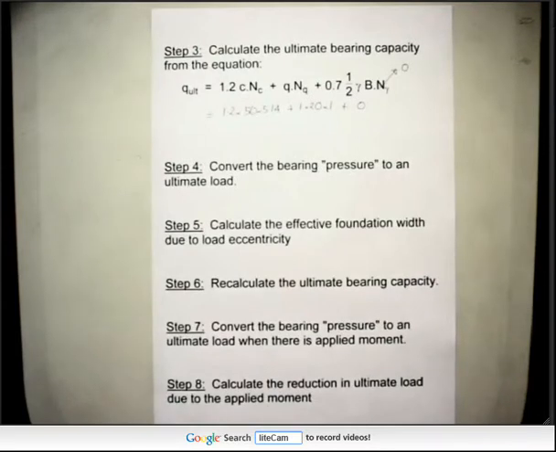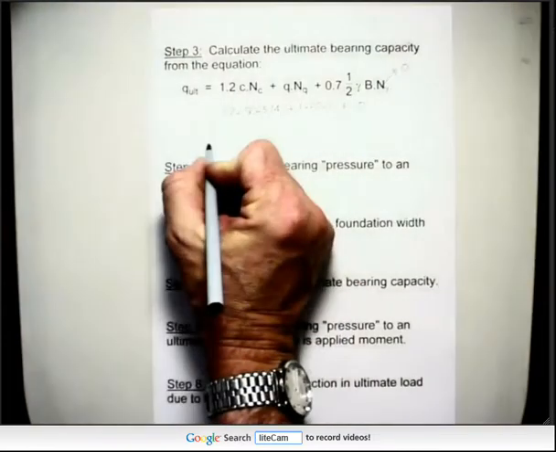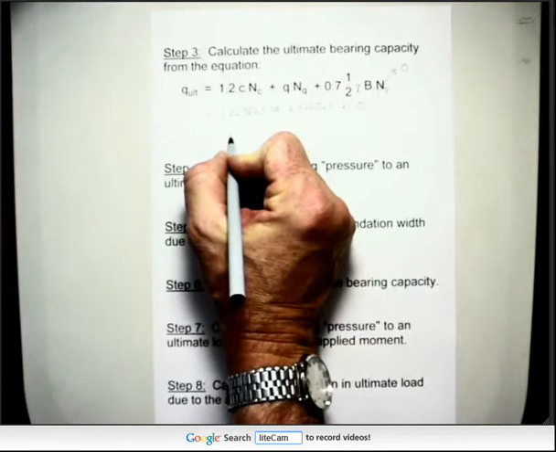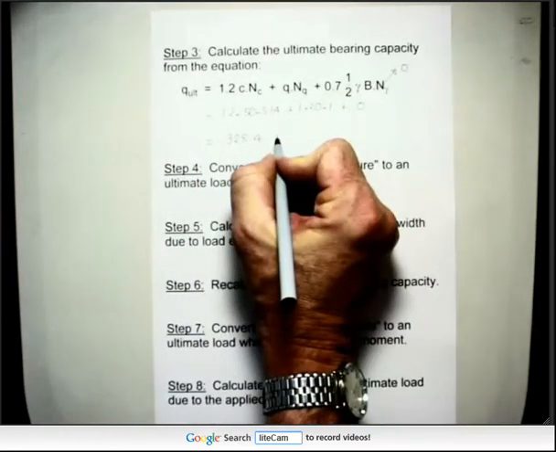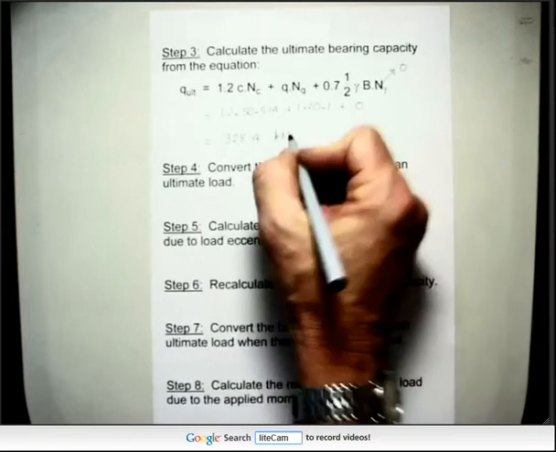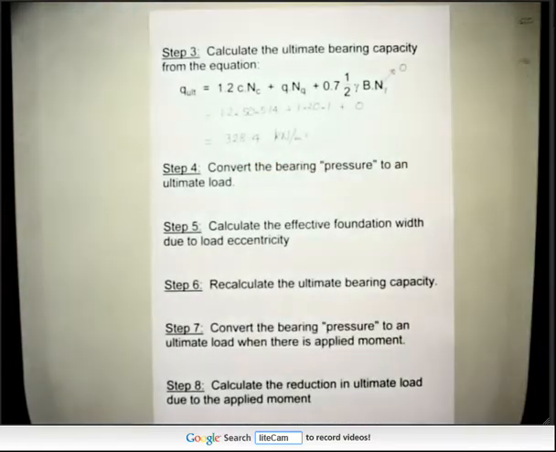So when I put numbers into that, or when I put it into my calculator, I got 328.4 kilonewtons per metre squared. So I converted that to a bearing pressure. How do I do that?